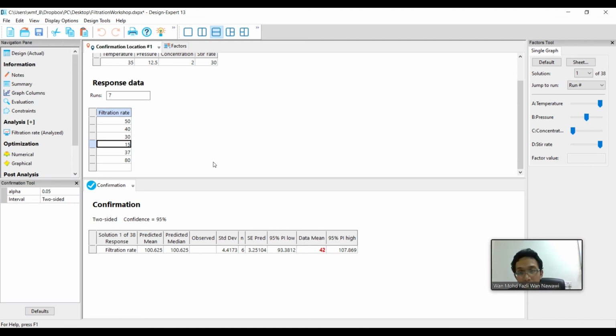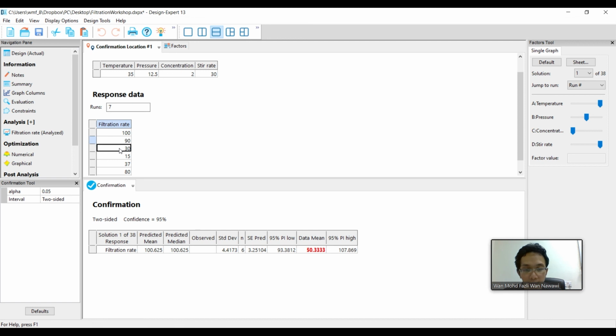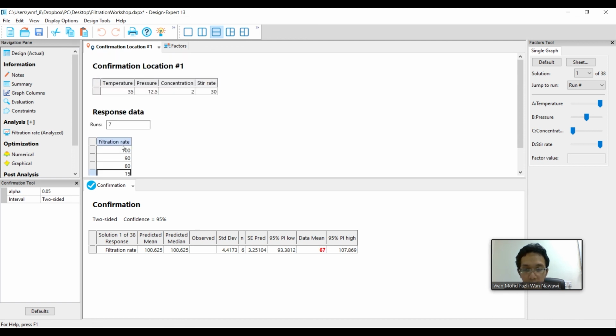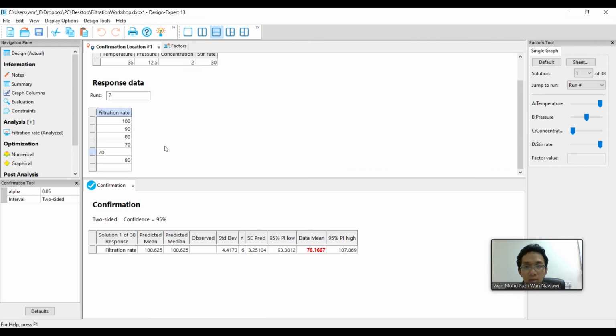So let's say we put higher, maybe 100, maybe 90, 80, 70, like that. So here it's still red, meaning it is a little bit far from what they want.